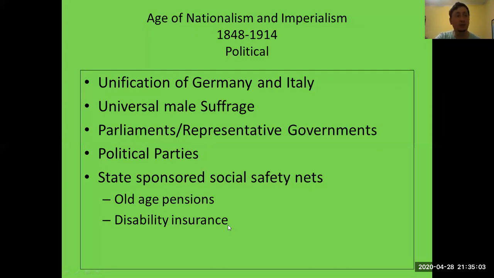So now, if you get hurt on the job, the government will help pay your bills for you until you can find something. As you get older and you get less able to work, then the government steps in and will help you save, and then help you to have money into your old age as you become a less productive worker. And these are things that we still have today here in the United States and around the world.